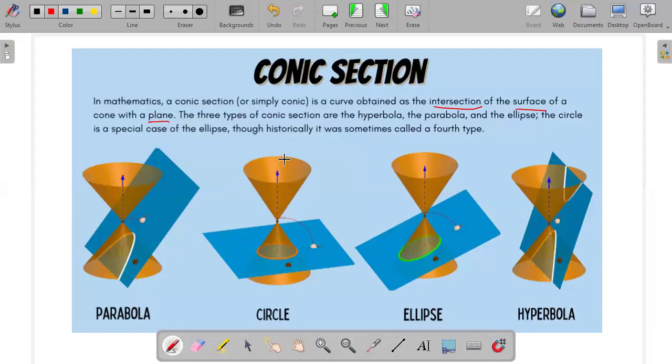Basically there are three main types, then we extend it to four: the hyperbola, the parabola, the ellipse, and of course the circle also. You will not look at the circle that much, but understanding it is important, not only for this course, but might also help you in other courses.